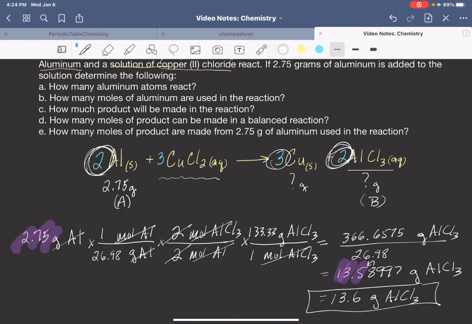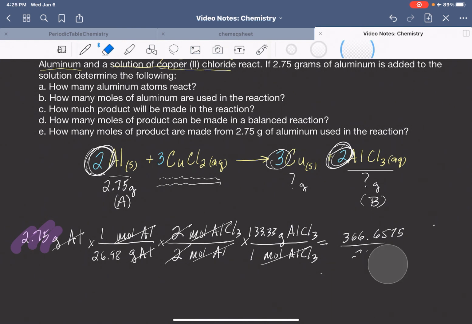But again, these have more mass, and so it makes sense that the mass of these products is more. So the mass of this excess reactant here is much greater than the mass of the aluminum here, and so that makes sense why we're getting these larger numbers. Okay, just wanted to point that out in case anybody might be confused about that.